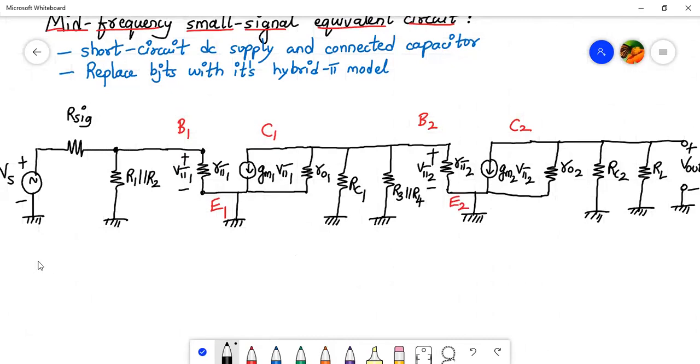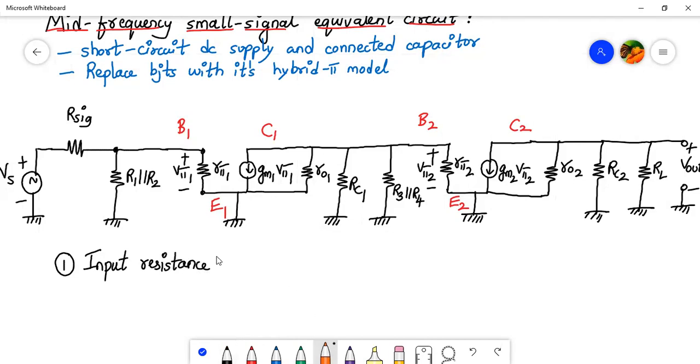First we'll find the input impedance. Remember input impedance in the case of your cascade stage. First, let me write down the expression for input resistance.